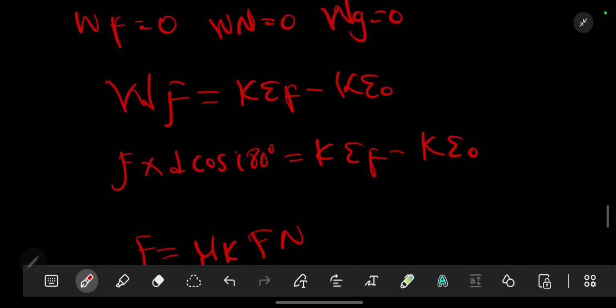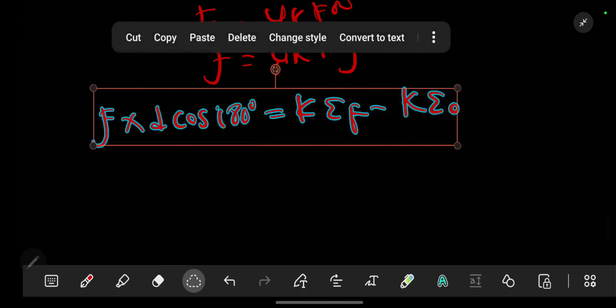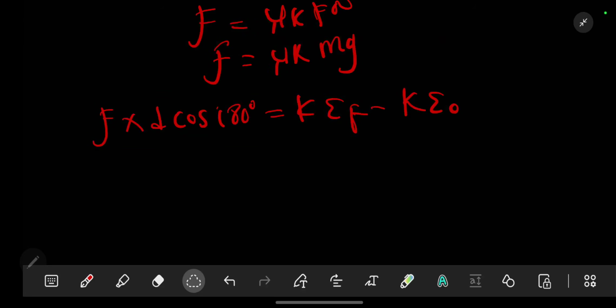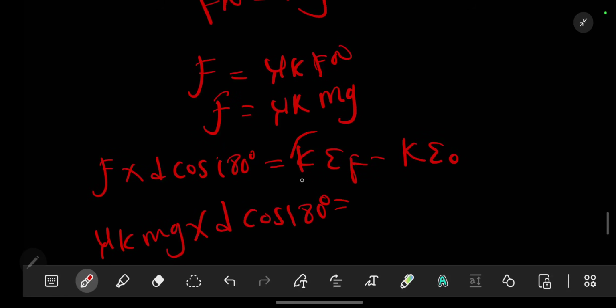Replacing that, where we have the frictional force we can put mu k mg times the distance times cosine of 180 degrees, which should be equal to kinetic energy final, half m v final squared, minus half m v initial squared.